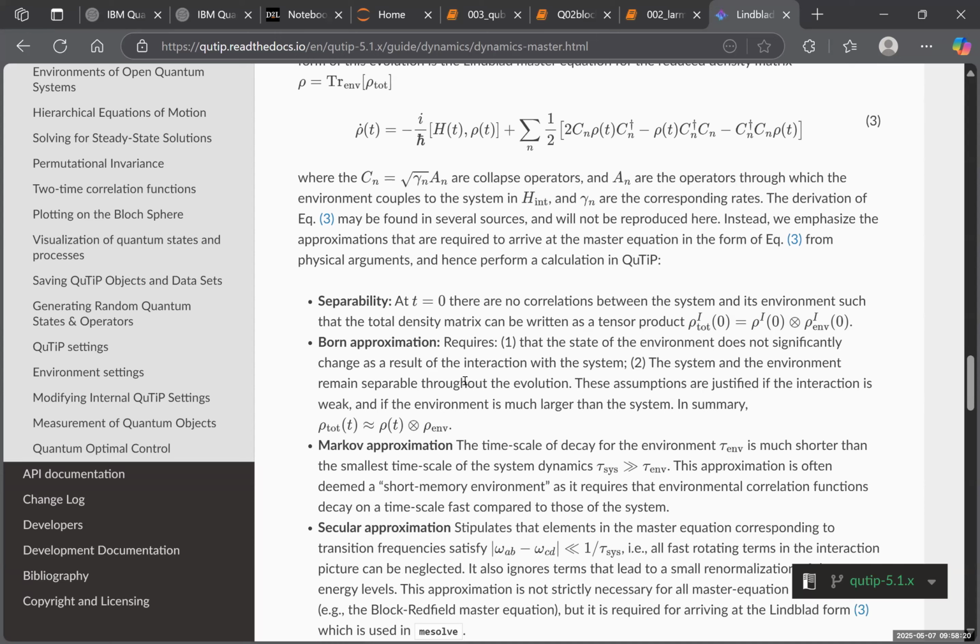The system and the environment remain separable throughout the evolution. So this may not be valid because as you evolve, you couple the system to the environment, there will be entanglement that develops. But it is justified with a very weak interaction.